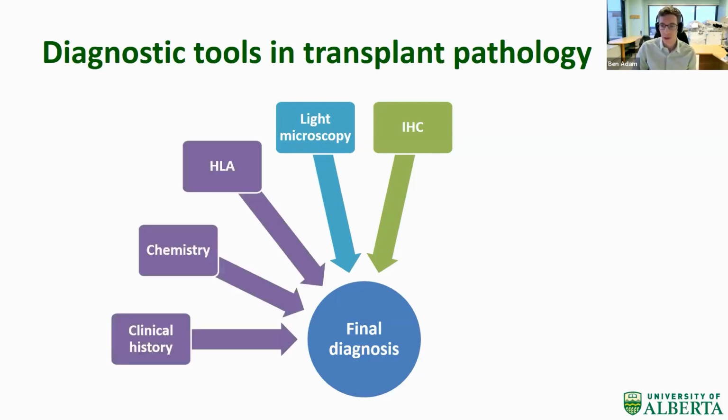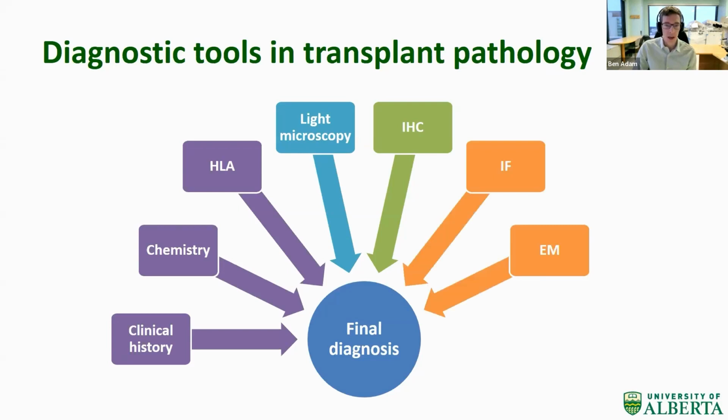We also rely quite heavily on clinical history and other lab results, such as clinical chemistry parameters like creatinine and proteinuria, as well as, obviously in transplantation, the presence or absence of anti-HLA donor-specific antibodies. And in kidney pathology in particular, we also routinely perform immunofluorescence and electron microscopy, and more recently, molecular diagnostics have become an important additional tool to the transplant pathologist toolbox.